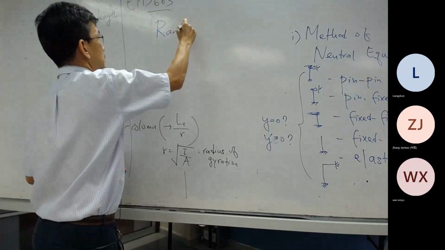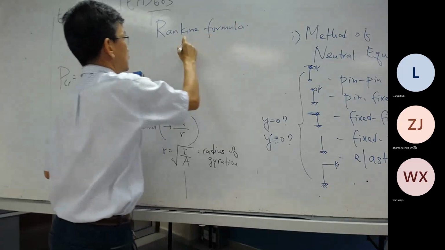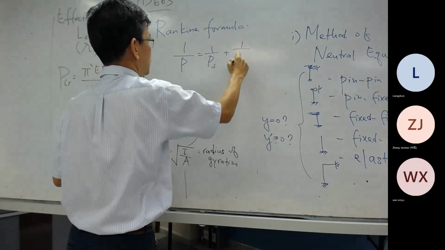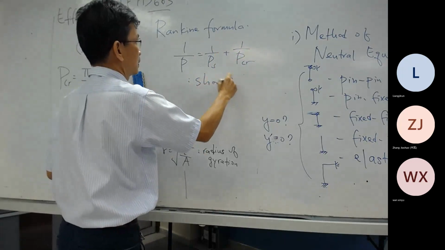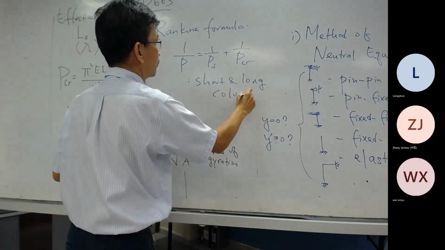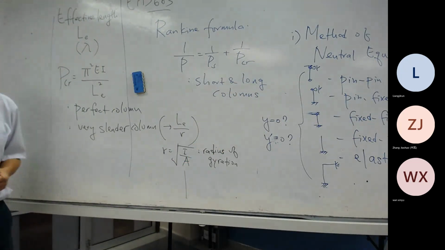If you come across the term Rankine formula, the starting point is 1 over P equals 1 over PS plus 1 over P critical. This is for both short and long columns, or slender.